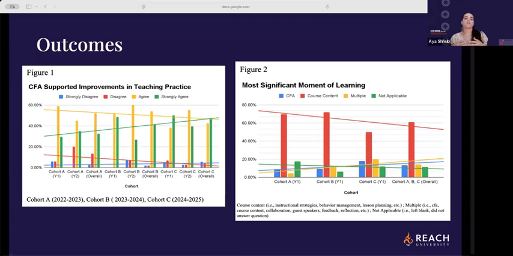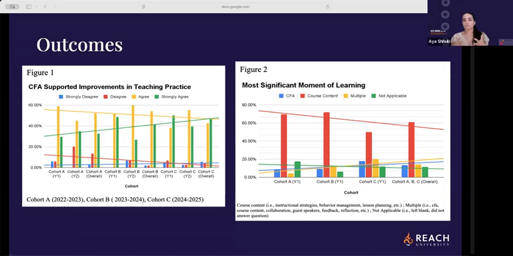We also showed about a 10% increase in the instances that the CIFA was reported from cohort A to cohort C. And we saw about a 16% increase in instances where candidates reported multiple different aspects of the program as having a significant moment in their learning.